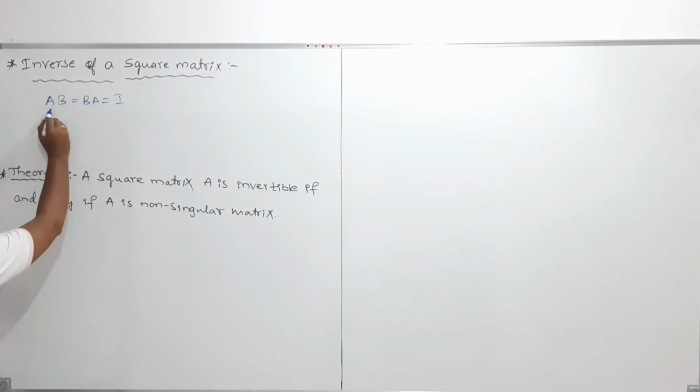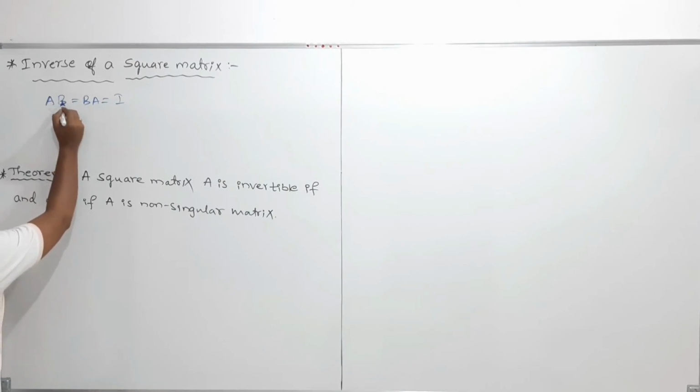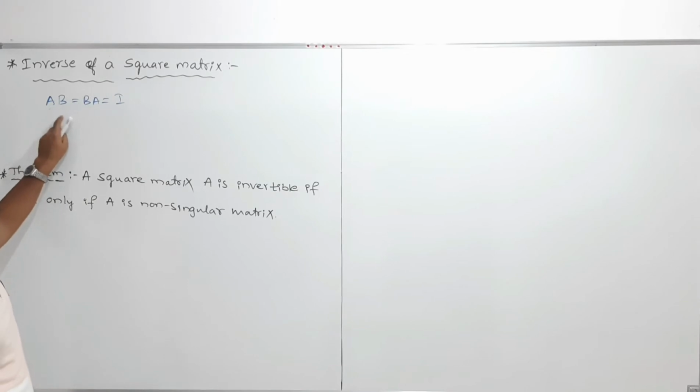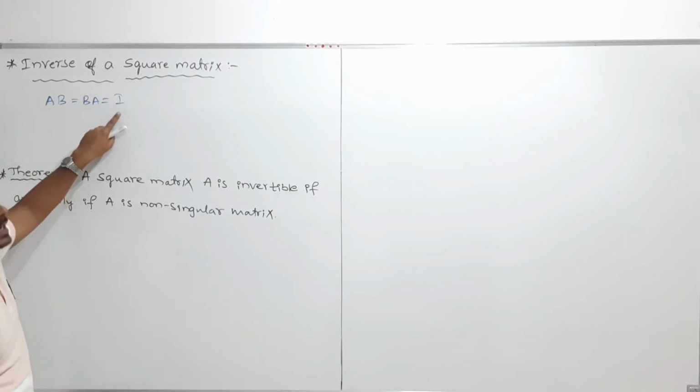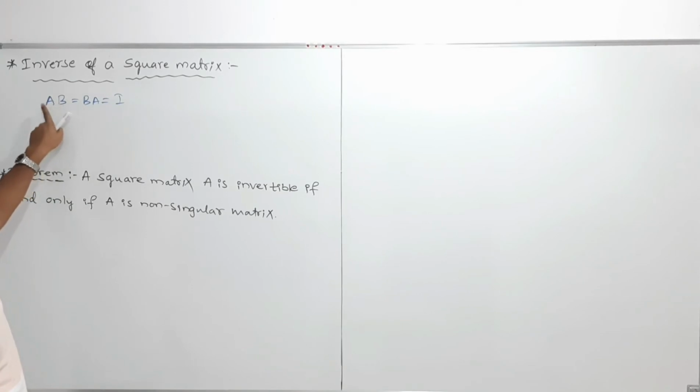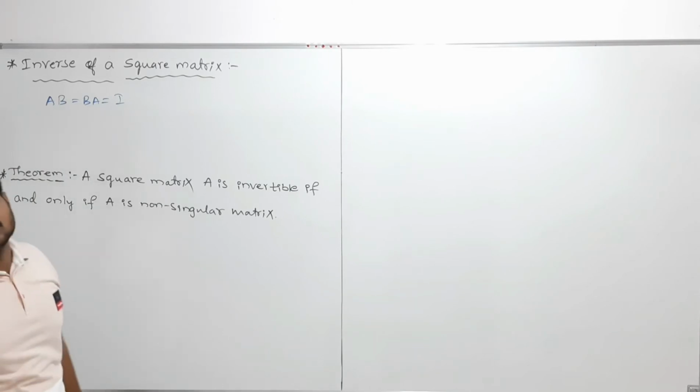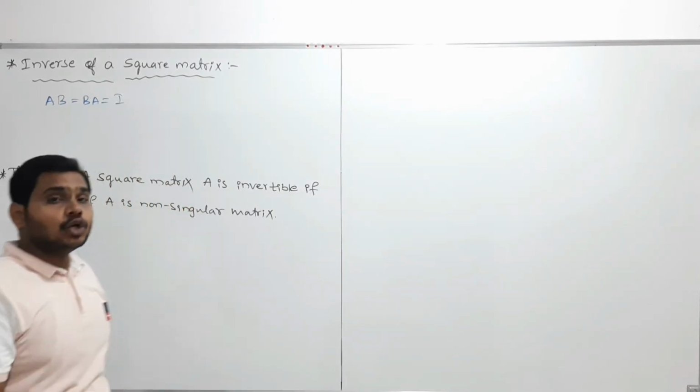So for any matrix A, if there exists another matrix B of the same order, and after multiplying these two you get the identity matrix, then we call it the inverse of A, or else you can call it invertible. So here A and B are invertible to each other.